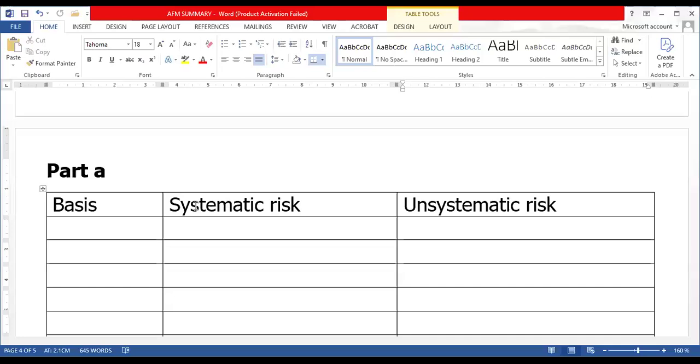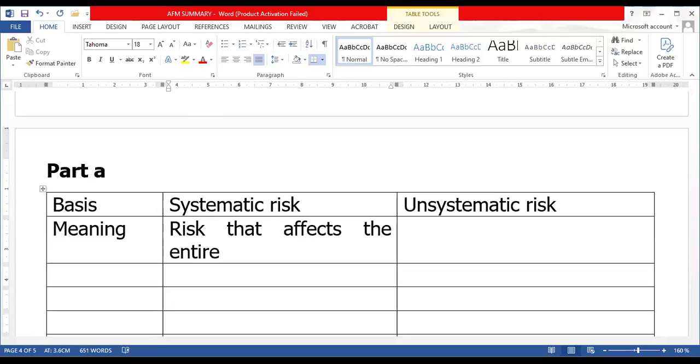Next, you look at the definition, the meaning. Systematic risk is a risk that affects the entire market or economy.